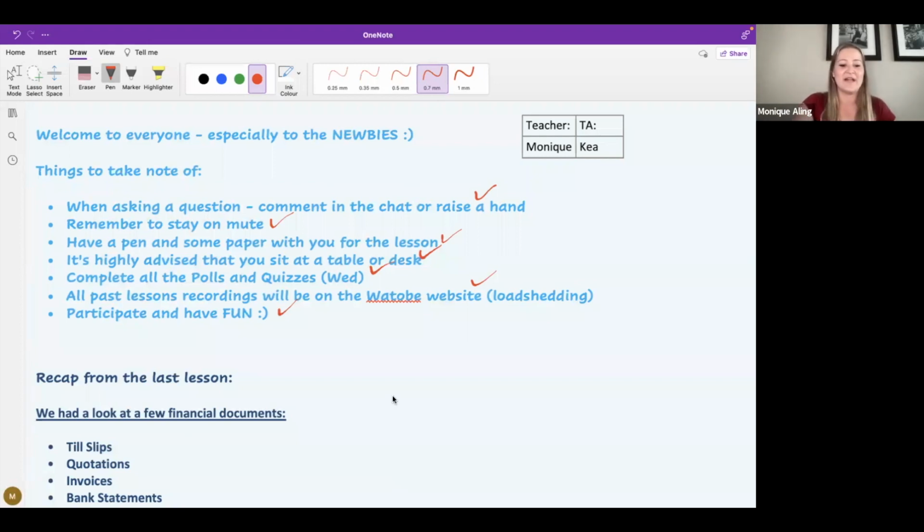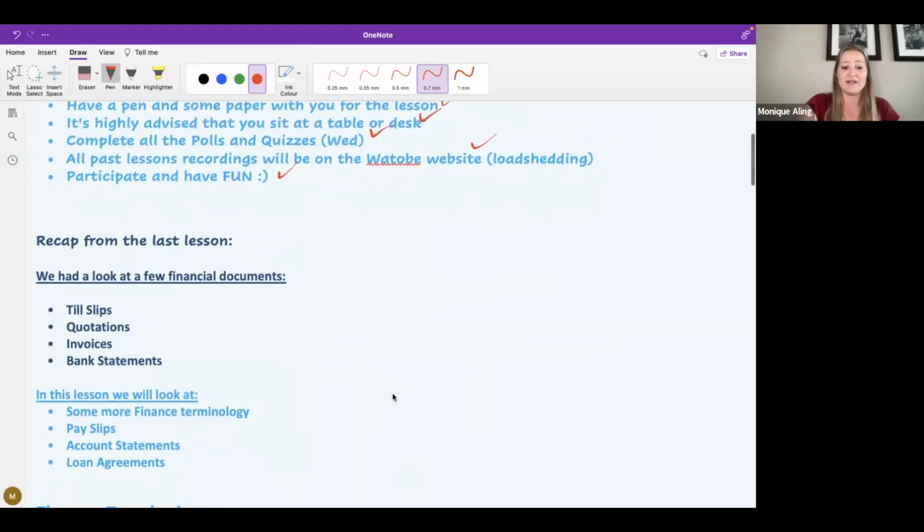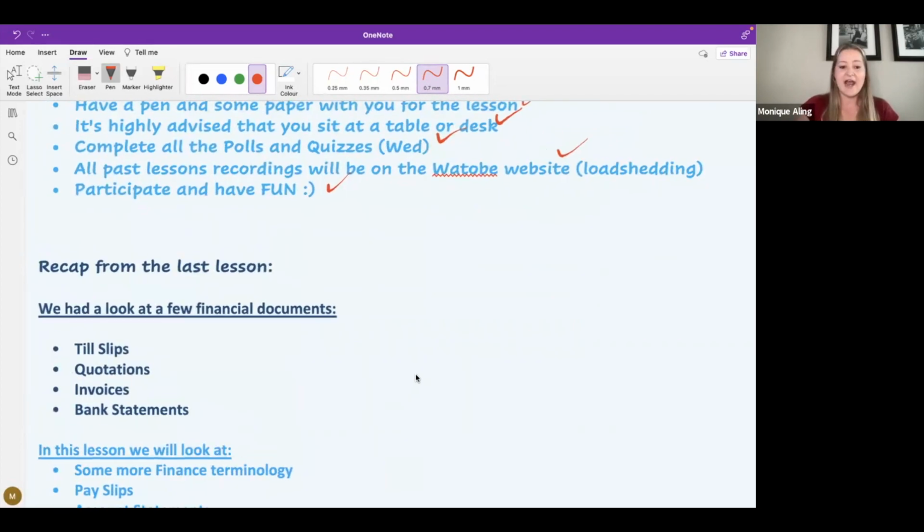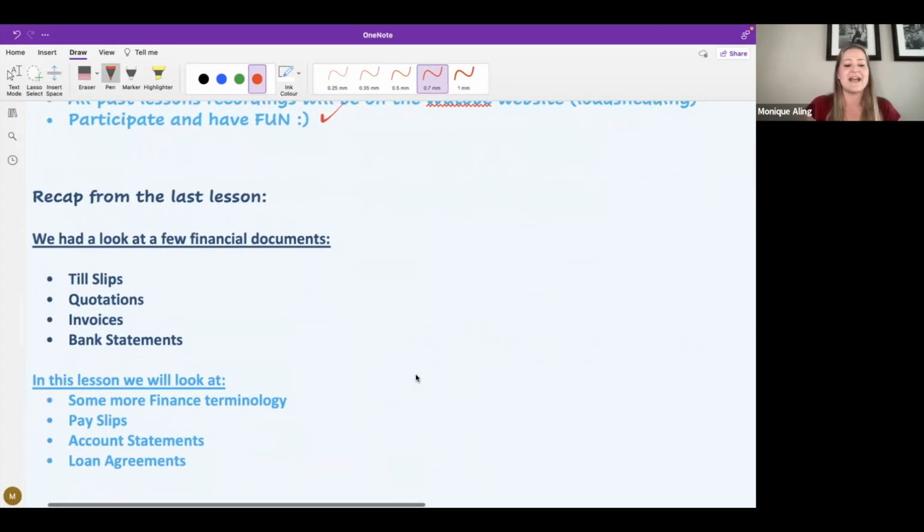So let's get going. Just a recap from last lesson. We were looking at financial documents, same as today, and we had a brief look at till slips, quotations, invoices, and bank statements. The important thing to take away is that the only document you can really study for is the bank statement, just the process of how to work out the different numbers, whether it's the balances or missing numbers.